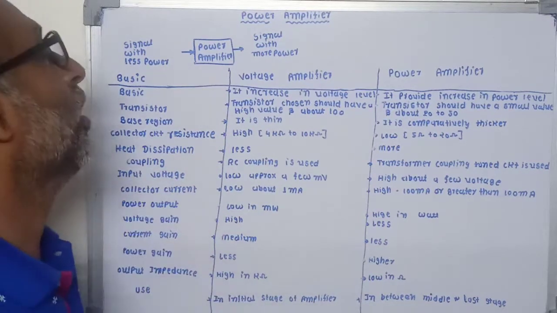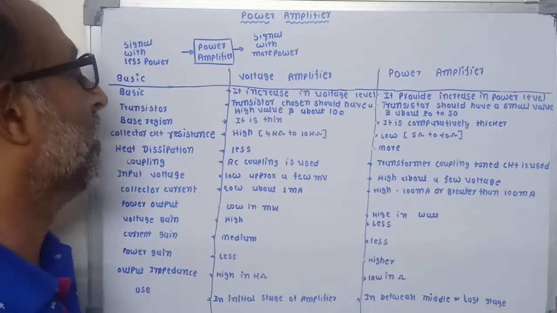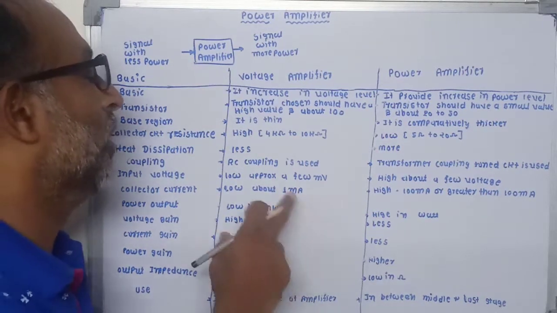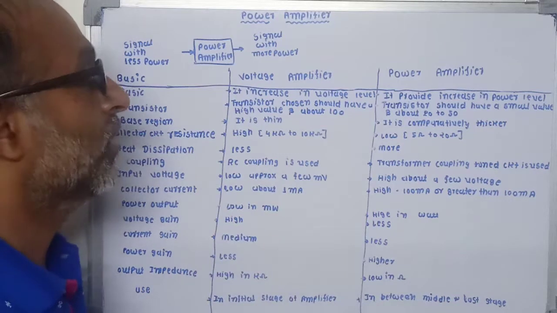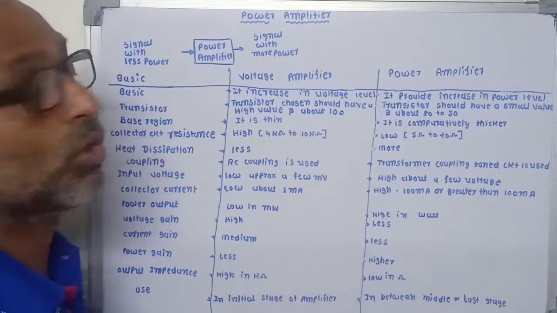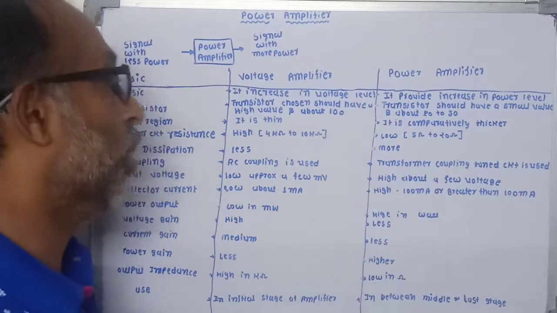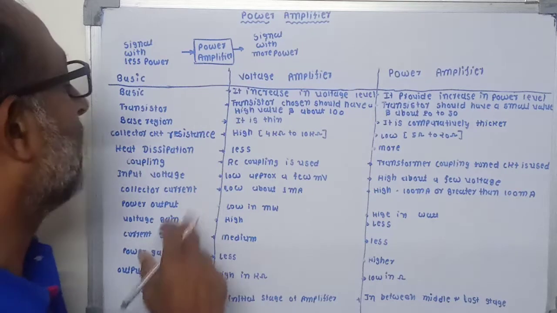Now the input voltage: in a voltage amplifier its value is very low, approximately a few milliwatt, while in a power amplifier the input voltage signal is also high, about a few volts.